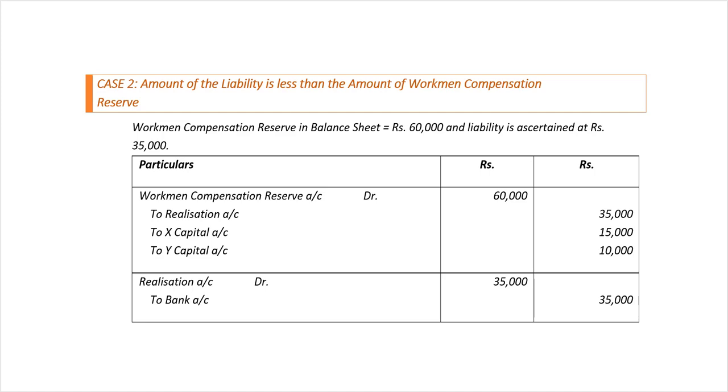Now again, we need to pay off the liability and journal entry for the same: realization account debit, 35,000 rupees to bank account, 35,000 rupees to pay off the liability against the reserve.